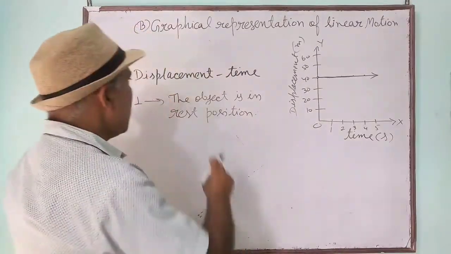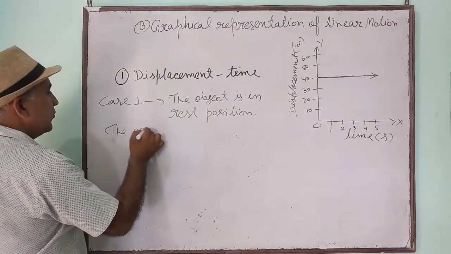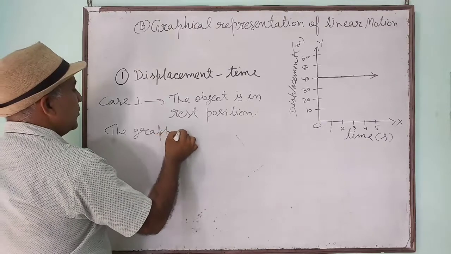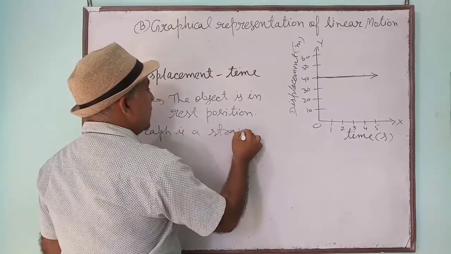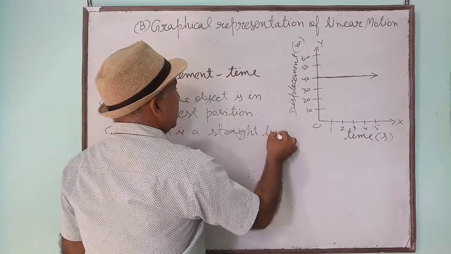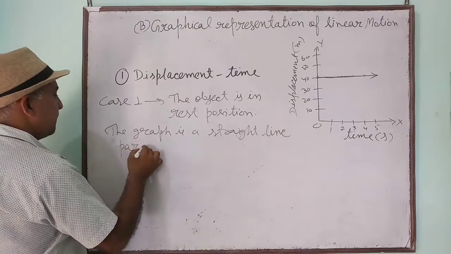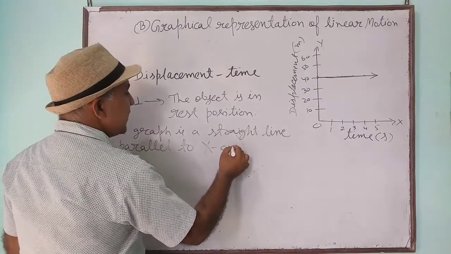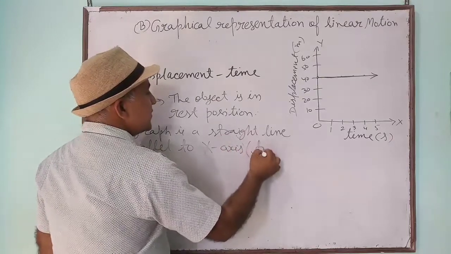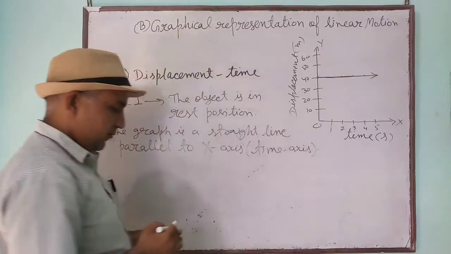Are you watching? If the object is in rest position, the graph is a straight line parallel to x-axis. X-axis means time axis.